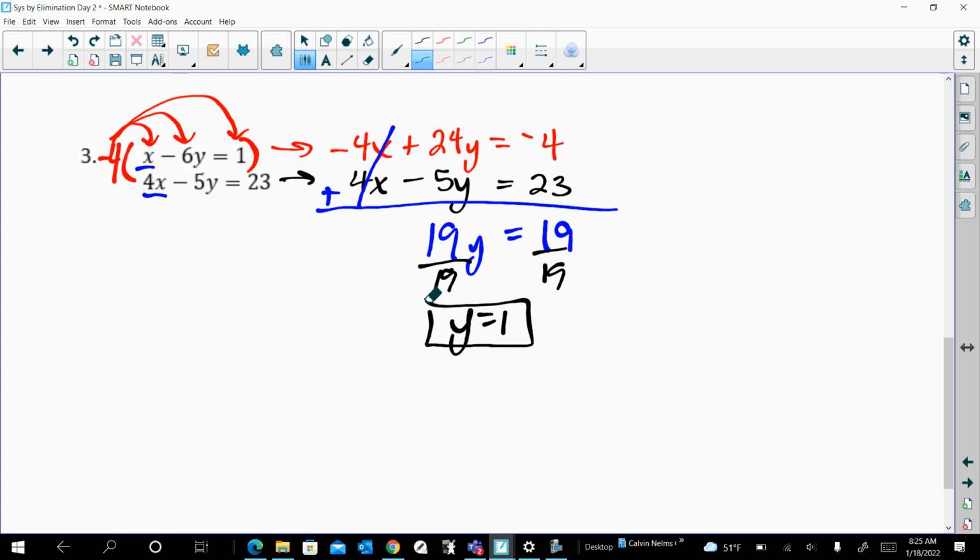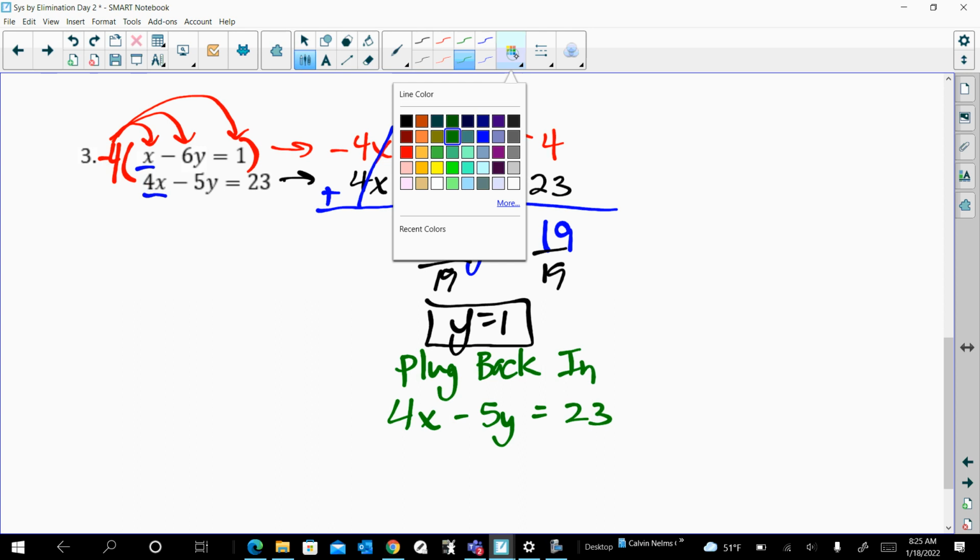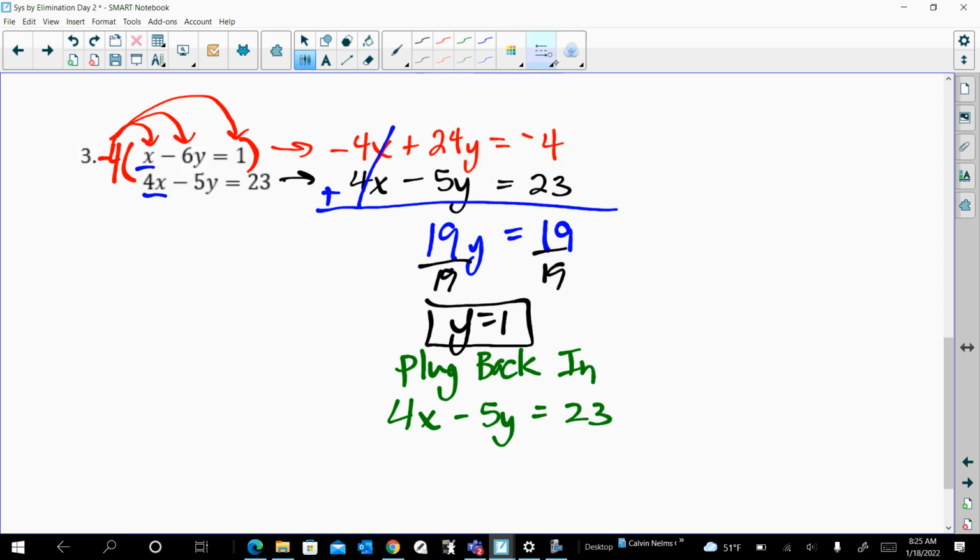Now, got to plug it back in. Which one do you want to plug back into? All right, we're going to plug back in 4x minus 5y equals 23. We're taking what the y is, which is 1, plugging it back in using parentheses. So 4x minus 5 times 1 equals 23.